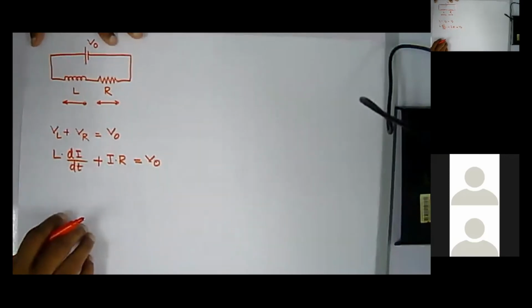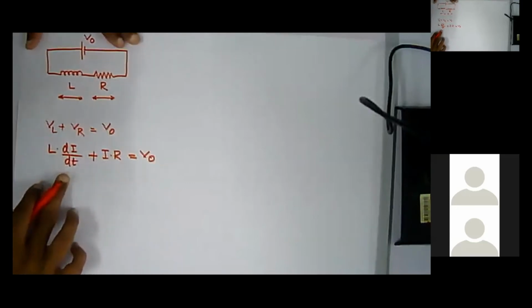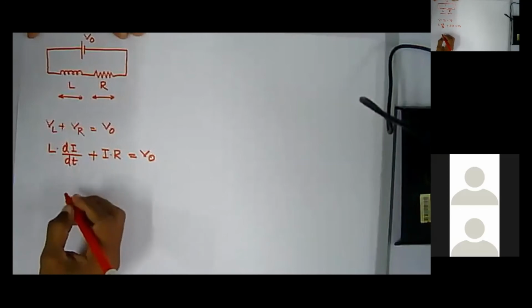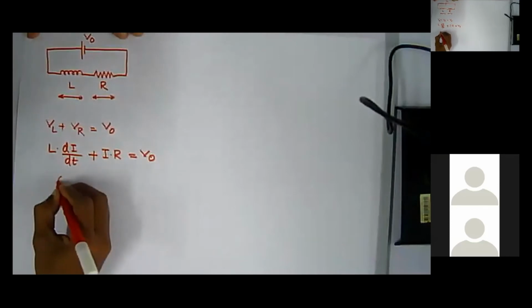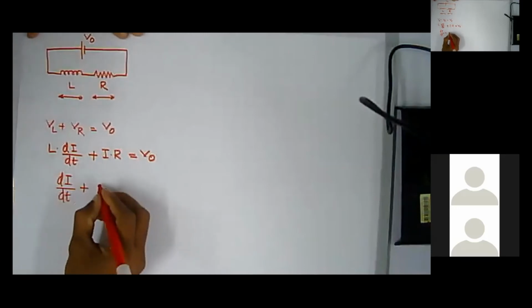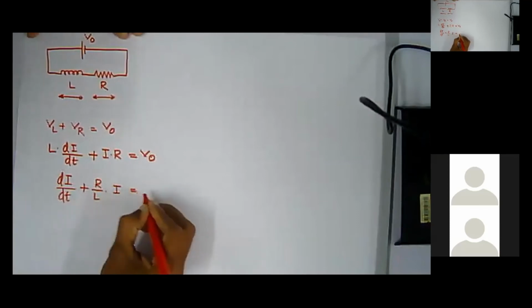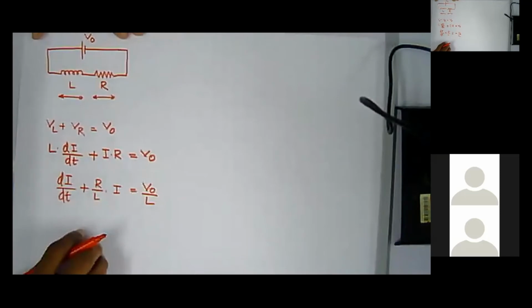Now we can write it as di by dt plus R over L into I equals V0 over L. So you can simply have a differential equation to solve.